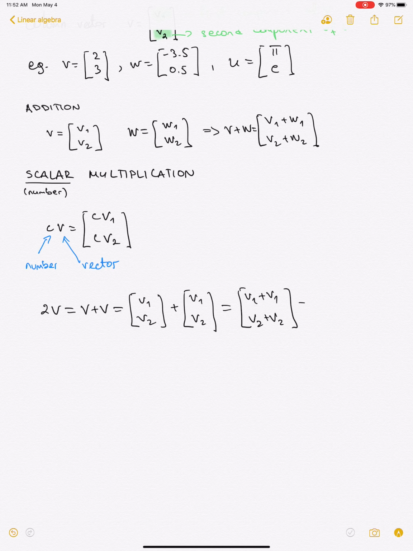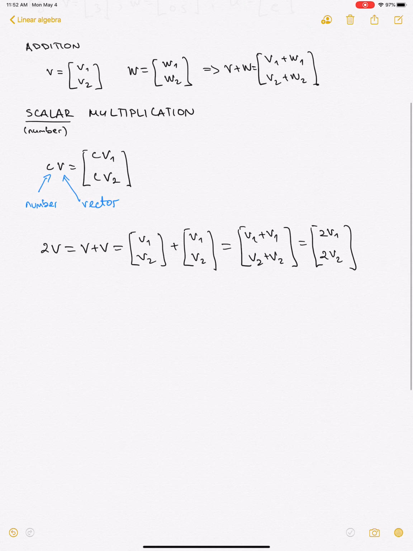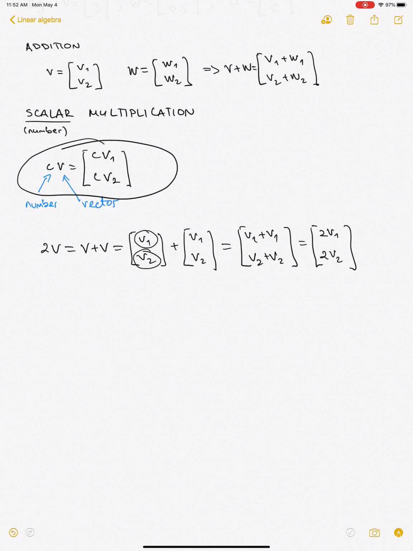Well, V1 plus V1 is definitely 2V1, and V2 plus V2 is 2V2. So the definition of scalar multiplication is consistent with scalar multiplication of each component in the vector.